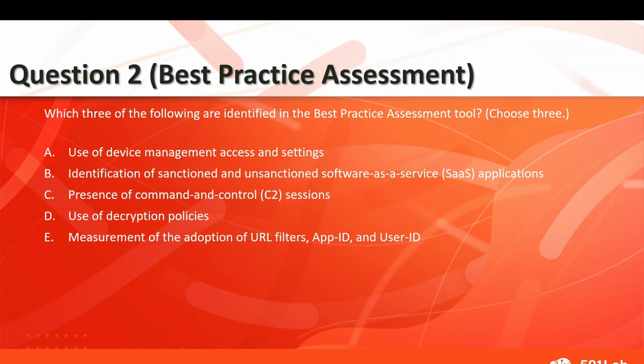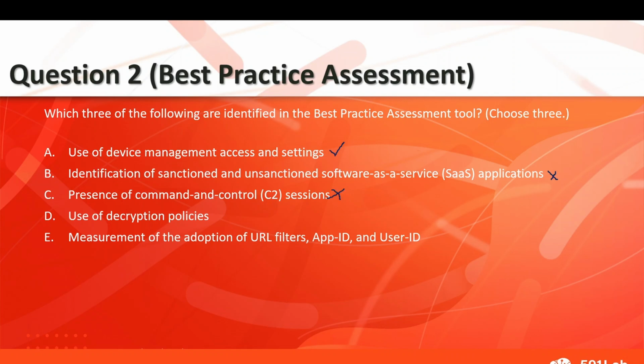From the previous explanation, now we can check each option as follows. A, use of device management and access settings. So this is the answer. We can check the device management and access settings from the best practice assessment tool. And then B, identification of sanctioned and unsanctioned software as a service. It's not the answer. And C, presence of command and control C2 sessions.